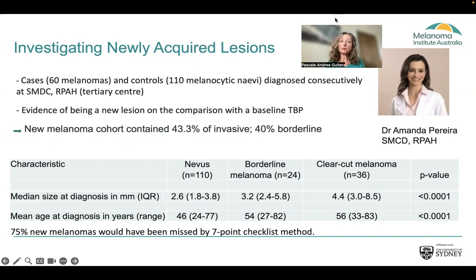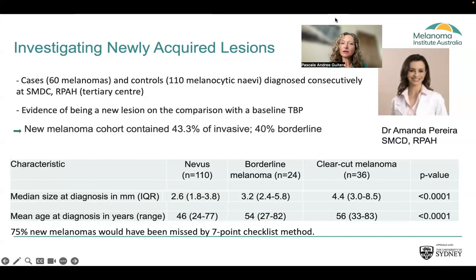We can see also the mean age at the time of diagnosis was 46 for the nevus, 54 for the borderline, and 56 years old for the clear-cut melanoma. And age seems to be playing a major influence on what you can monitor and what you should remove.